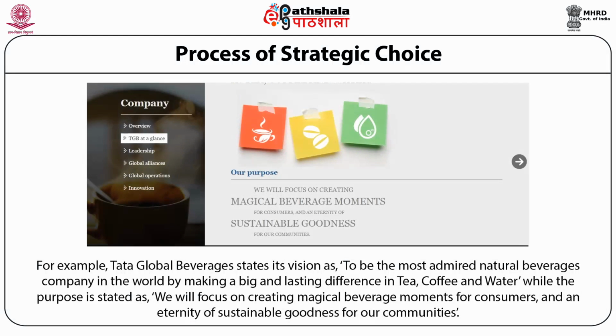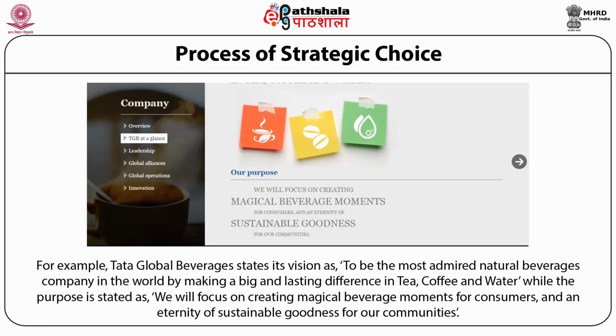For example, Tata Global Beverages states its vision as to be the most admired natural beverage company in the world by making a big and lasting difference in tea, coffee, and water. While the purpose is stated as, we will focus on creating magical beverage moments for the consumers and an eternity of sustainable goodness for our communities.